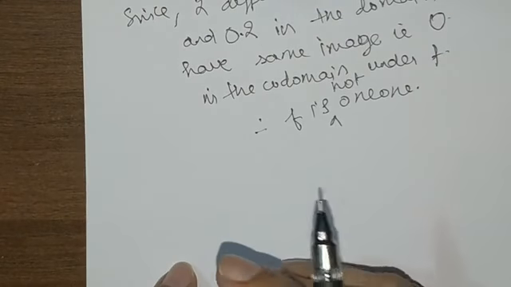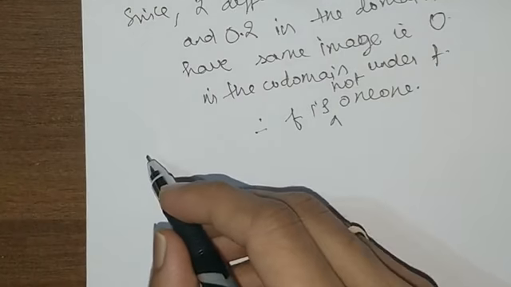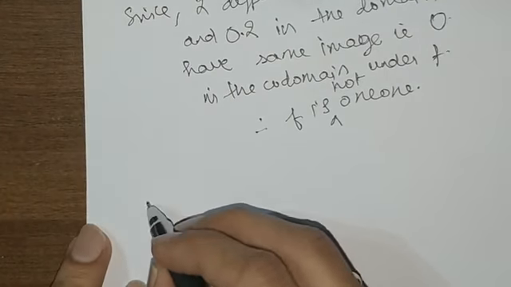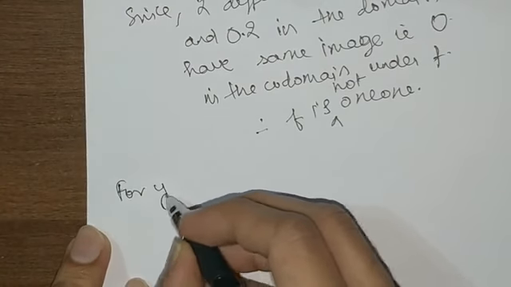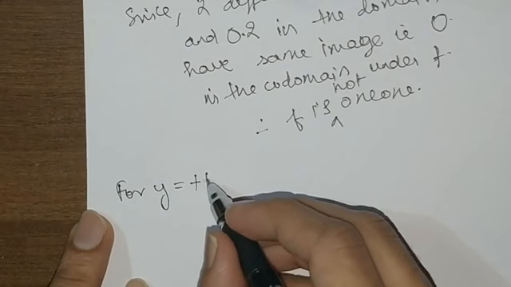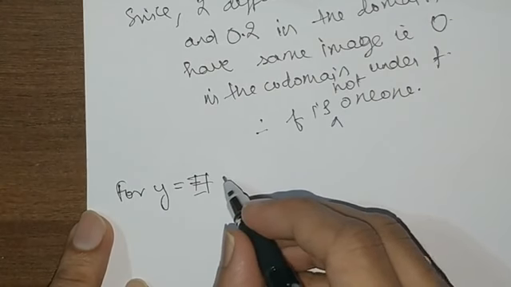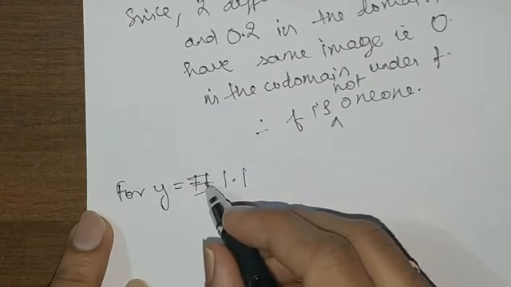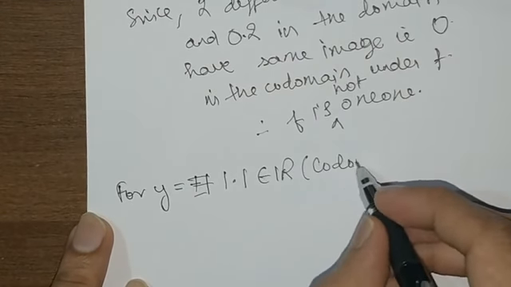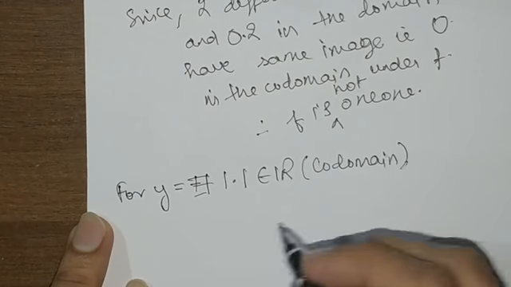But this function, the greatest integer function, looks like it is not onto. Why it is not onto, let us see. You can take y equal to 1.1, which belongs to the real numbers, the codomain that you are taking.